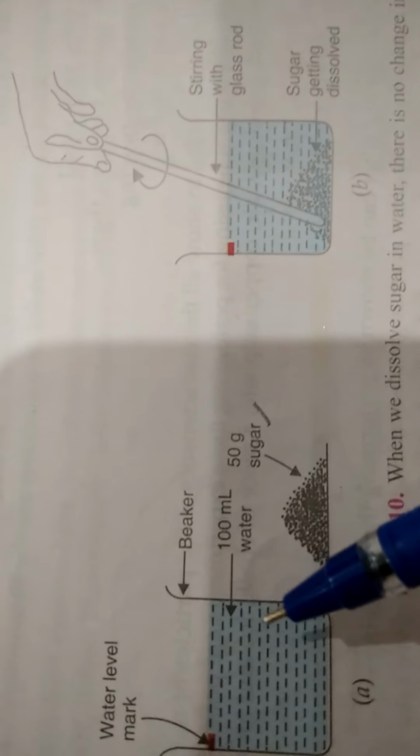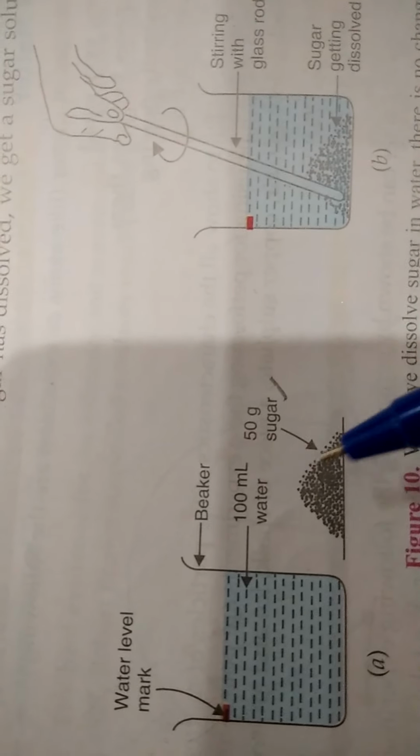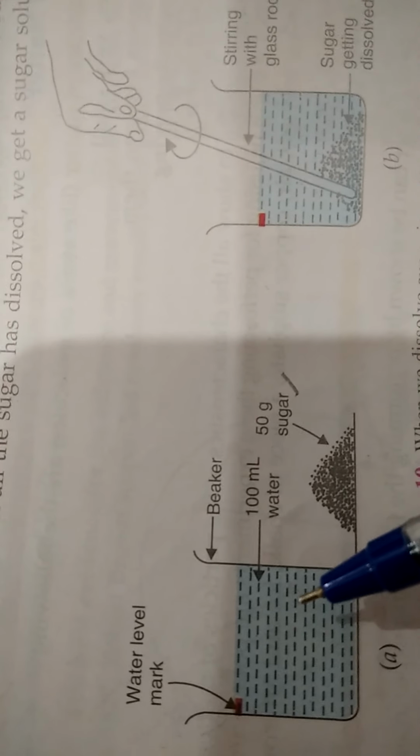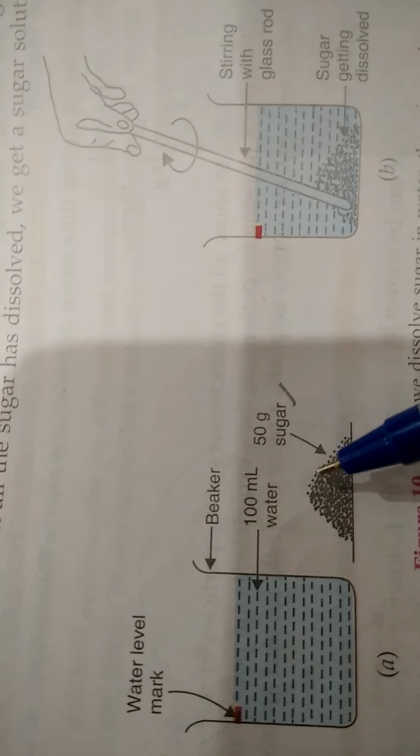Now students, imagine one more condition. Imagine if the particles have no space between them. This space is already occupied. Then if you add the sugar, where will the sugar go? The sugar will not dissolve in that, because there is no space, right? It will not go and take up the space between the particles of water.